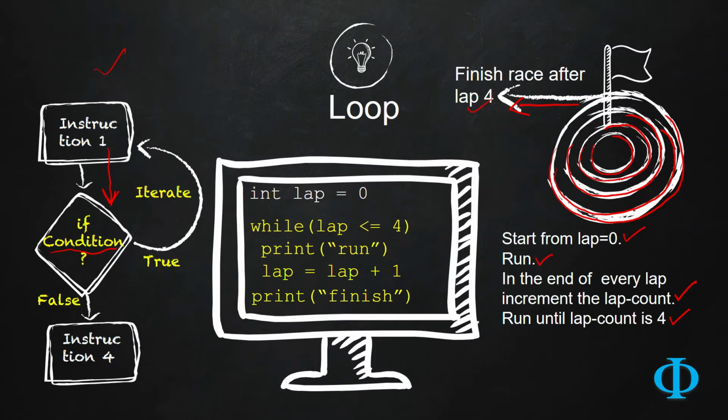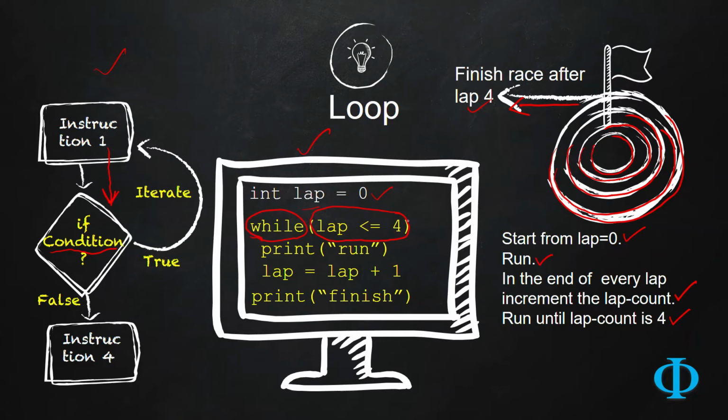Now if we try to express the same track and field concept in an algorithm, it will look something like this. Here I have taken a variable called lap. I have initialized it to 0, and then the condition based on which it will be decided whether the competitor will run or not is here. It is like until the lap count is not equal to 4, and this loop is expressed with the keyword called while.